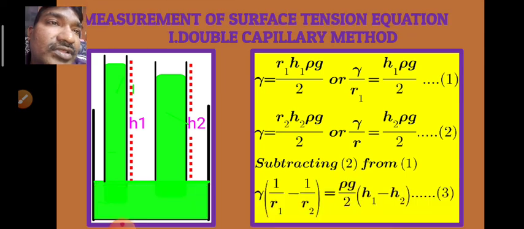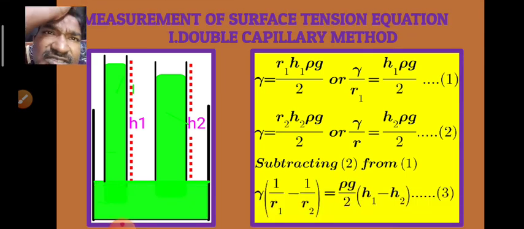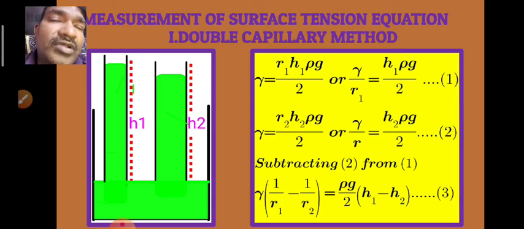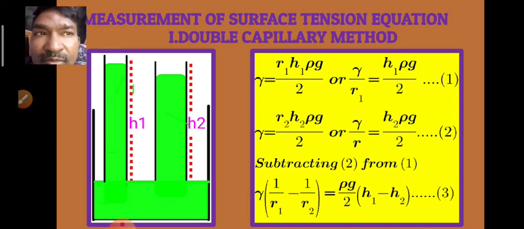Now we go for the measurement of the surface tension. Surface tension can be easily determined experimentally by using two methods. One is the double capillary method and the other one is the liquid drop method. In the double capillary method, we take capillary tubes of two different radii and keep them in the water or liquid.